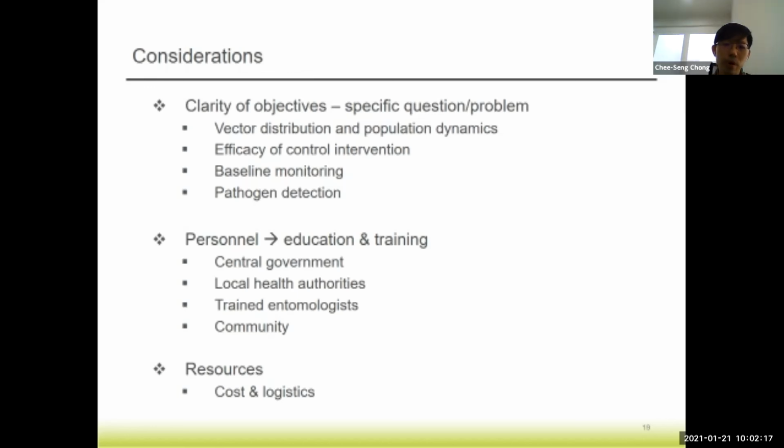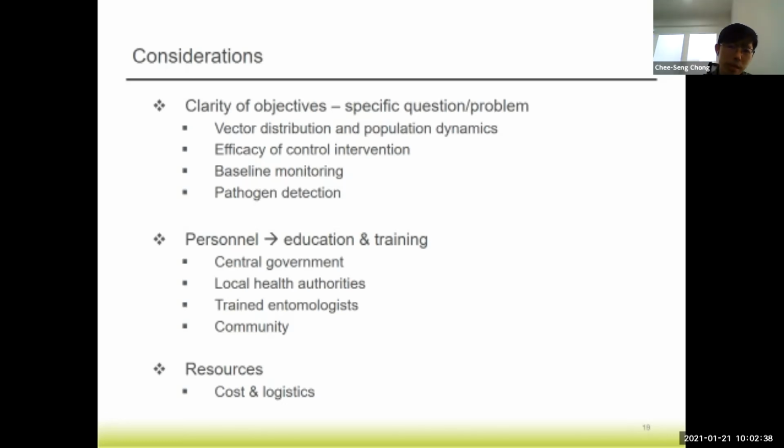And how you can involve the community to be part of it, as we have echoed very often, is that there are not enough resources to go around in the population to assist in a lot of our programs. So how can we involve the community to be part of the surveillance program so that they can participate?